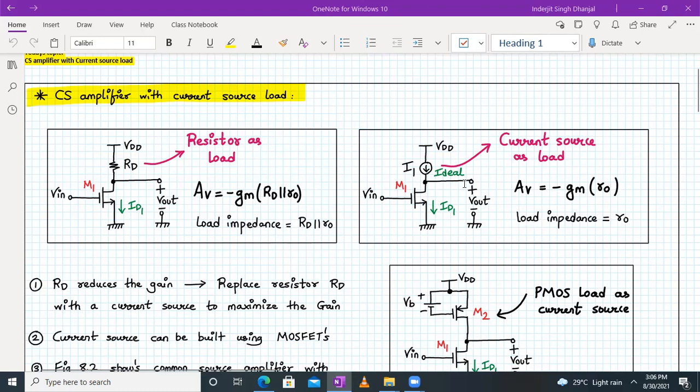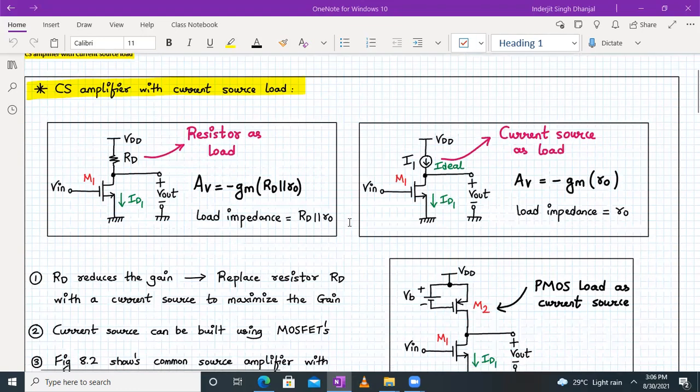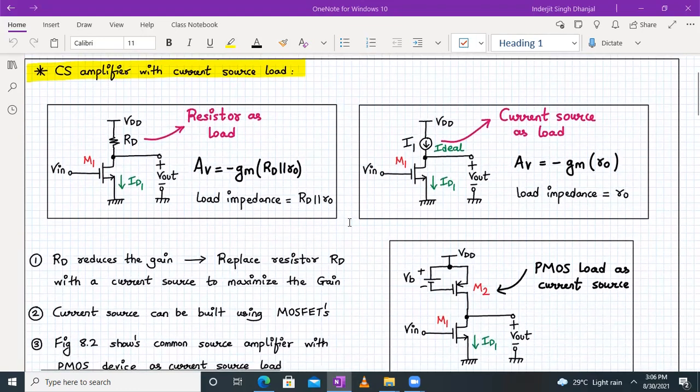There is no physical resistance here, but we can still achieve a very high gain, with the load impedance being RO. With this brief introduction, let's start building the circuit for the common source amplifier with a current source load.